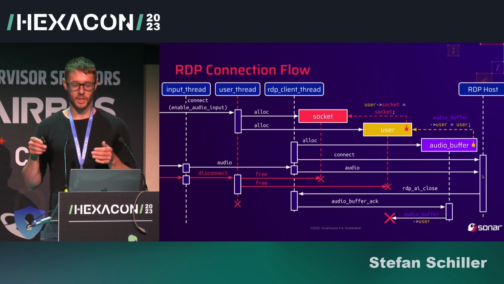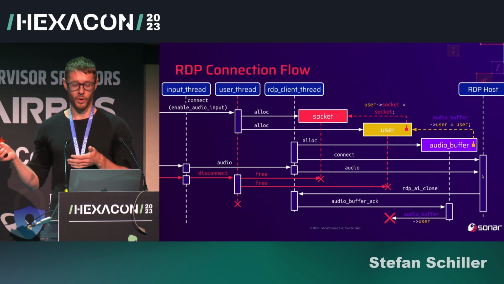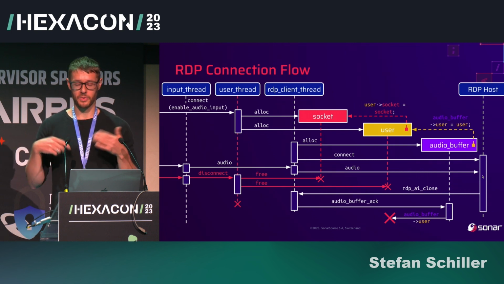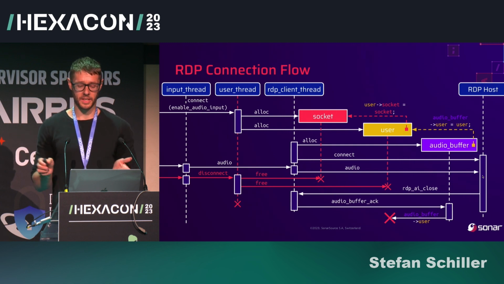So if the RDP server now sends a message to close the audio channel, the RDP client thread tries to send the acknowledgement message. Thus it accesses the user pointer in the audio buffer, which is already a dangling pointer. So if the user disconnects first and then the RDP host closes the audio input, we've got the classical use after free vulnerability. So far, this is only theoretical.